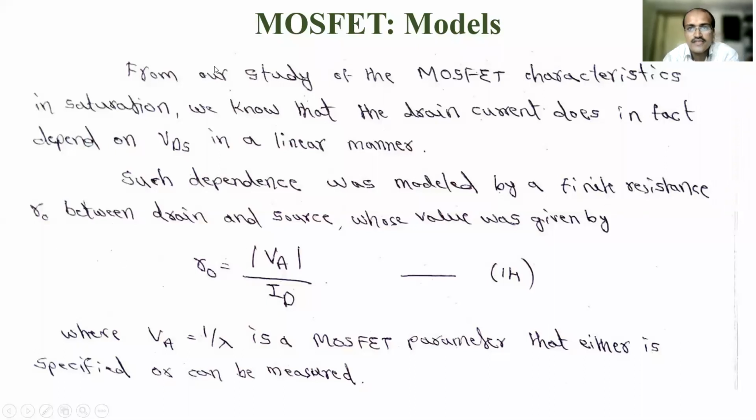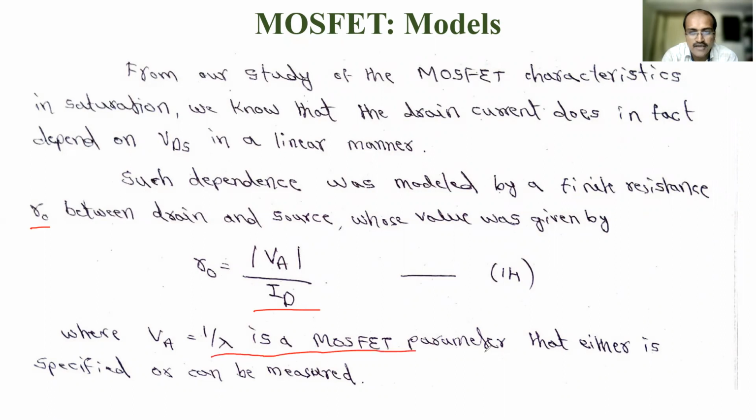So we'll include a small resistance r0 between drain and source, in parallel with the voltage controlled current source. Its value is given by the magnitude of VA by ID, where VA is an early voltage value, so its value is equal to 1 by lambda.